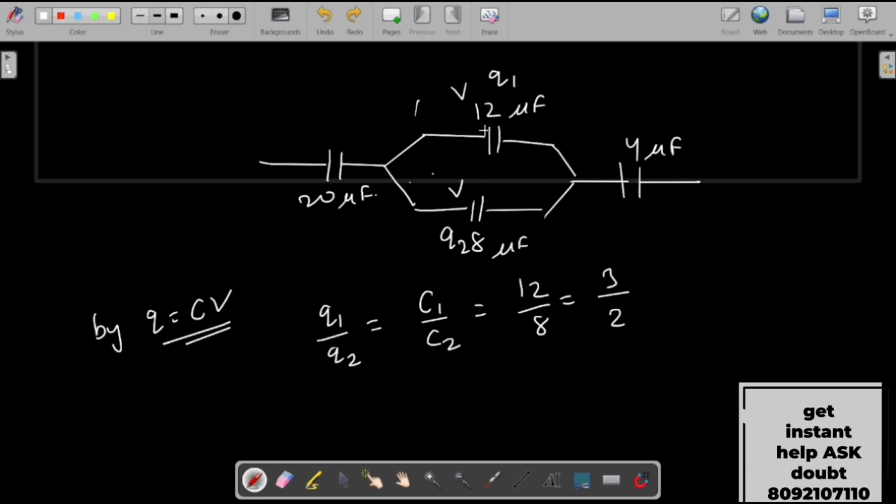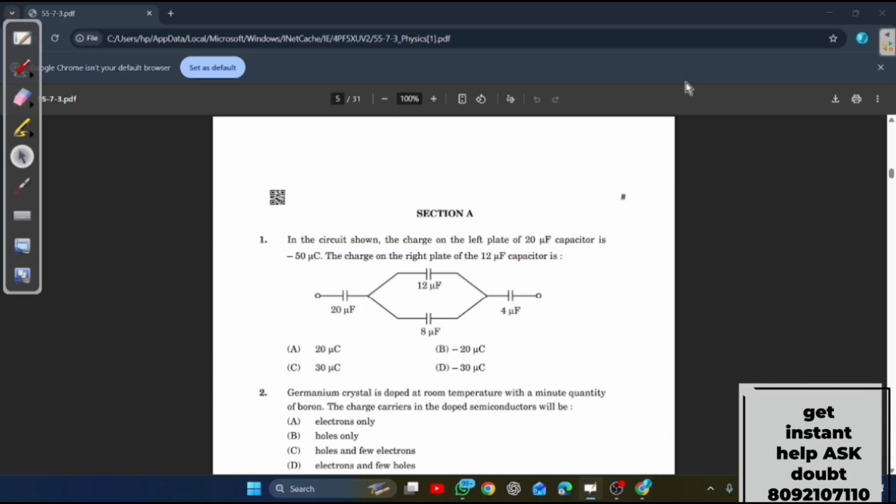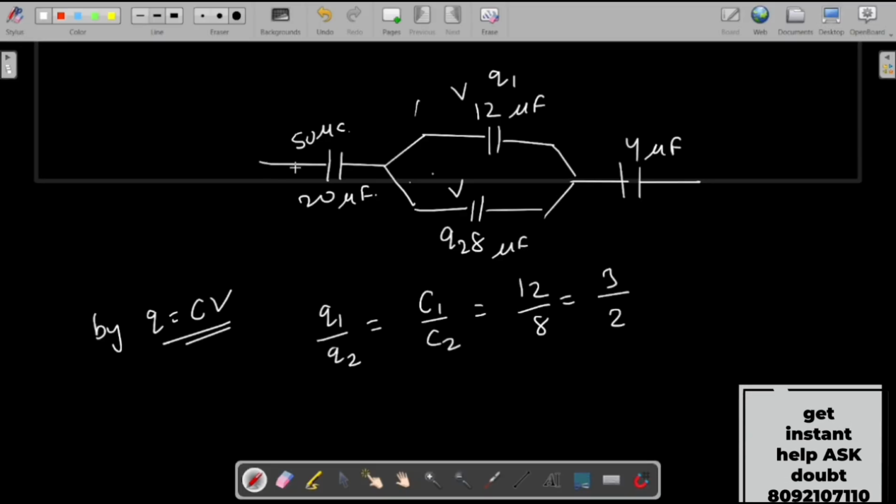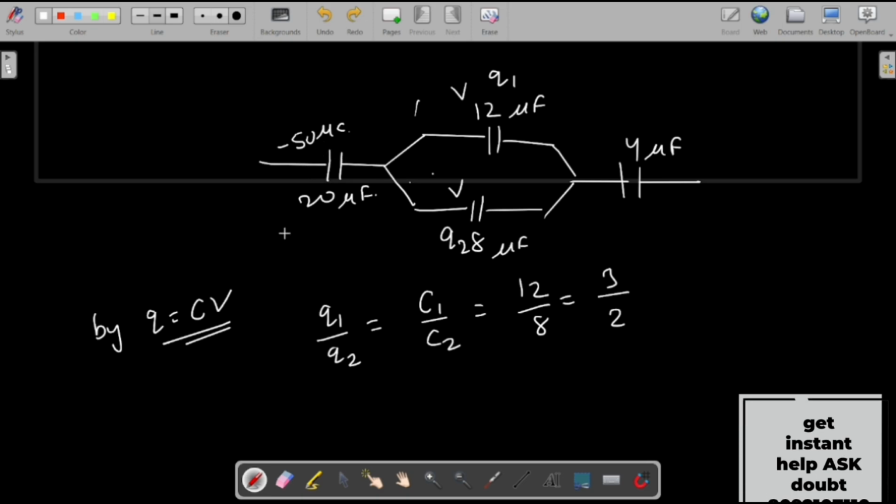In the question, it is given that this 20 microfarad capacitor has a 50 microcoulomb charge. Here you can see the 20 microfarad capacitor has minus 50 microcoulomb on its left plate.